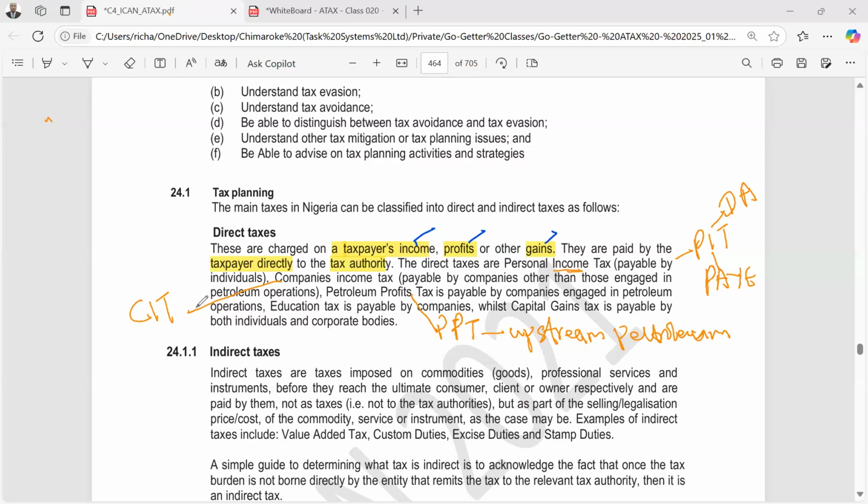Meanwhile, downstream petroleum companies are covered in CIT. Then we have the tertiary education tax. Then we also have the capital gains tax.